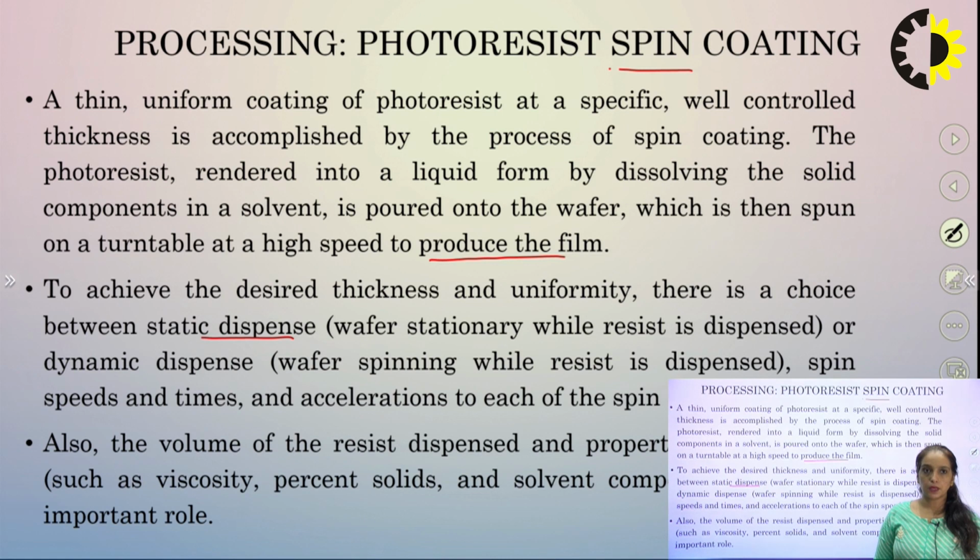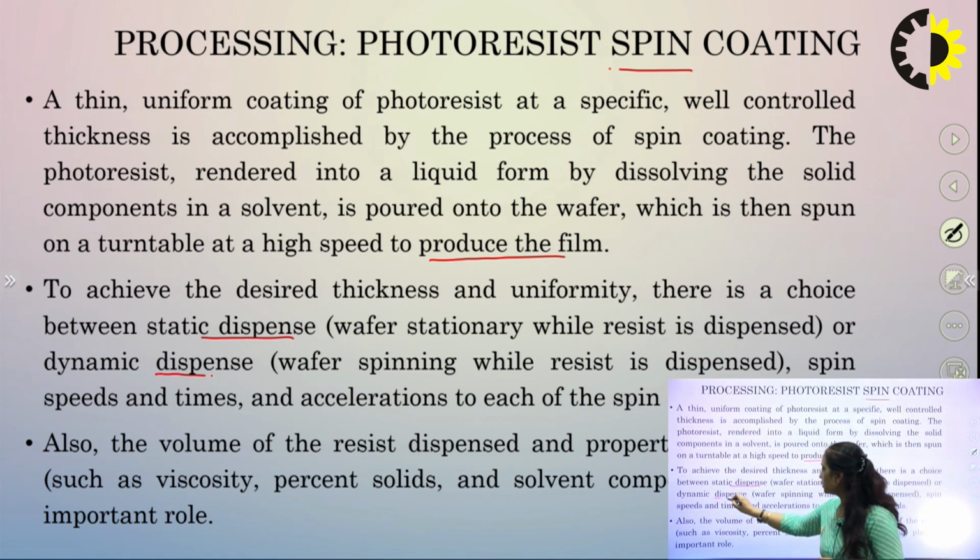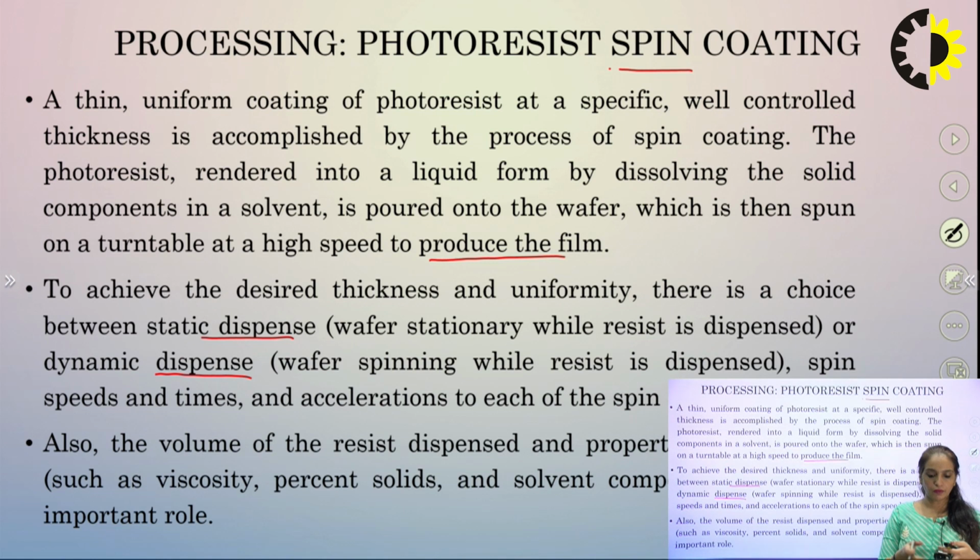To achieve the desired thickness and uniformity, there is a choice between static dispense and dynamic dispense. Static dispense means the wafer is stationary and we spread the resist all over the wafer. In the case of dynamic dispense, the wafer will be spinning and the tap from where the photoresist material is coming should be stationary.